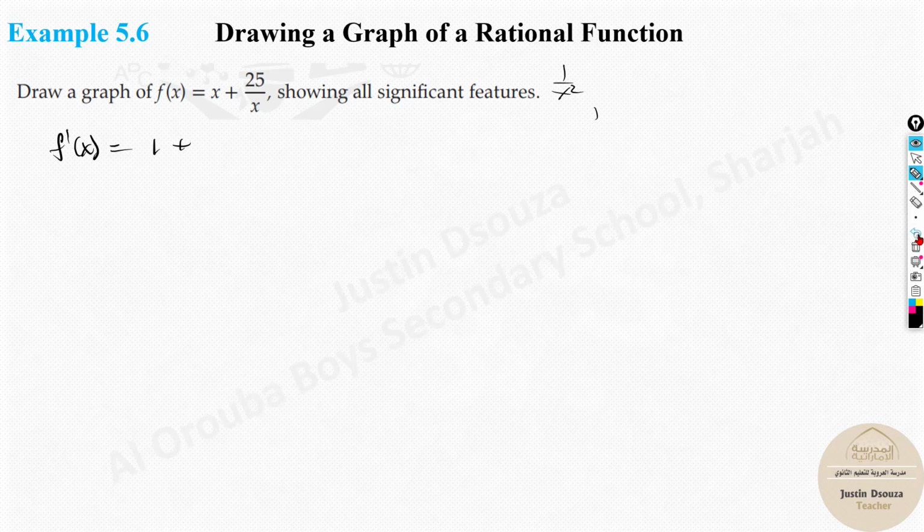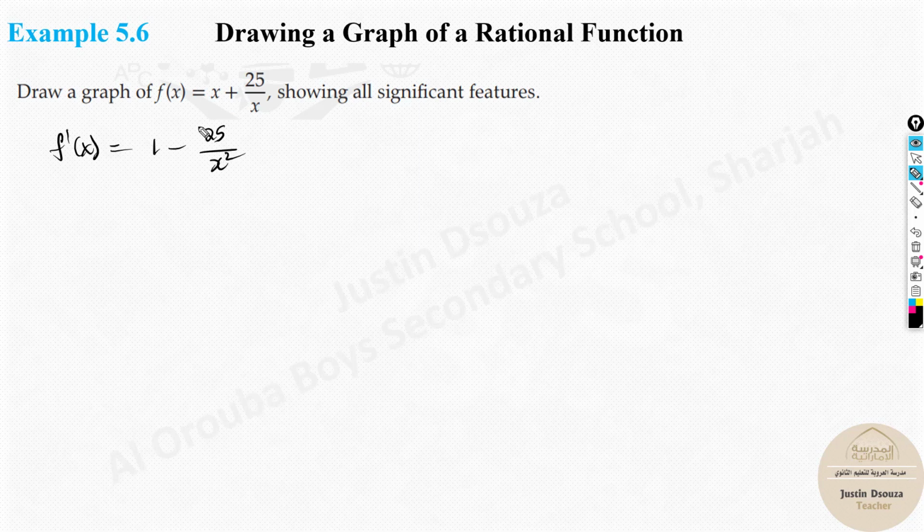So I'll directly use the formula. I will not do the steps of taking the power minus 1 and then solving. You can do it if you want, but I'll directly write the answer. It'll be 1 minus, but the constant is 25 by x squared. So this is the derivative.